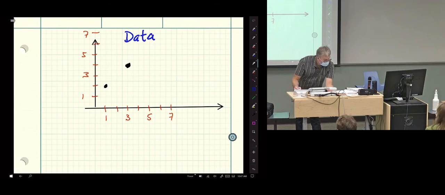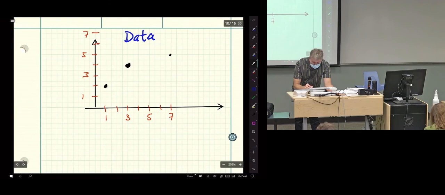And my last data point is at 7, 5. So 7, it looks like it's here. So this one is 1, 2. This one is 3, 4. And this one is 7, 5.